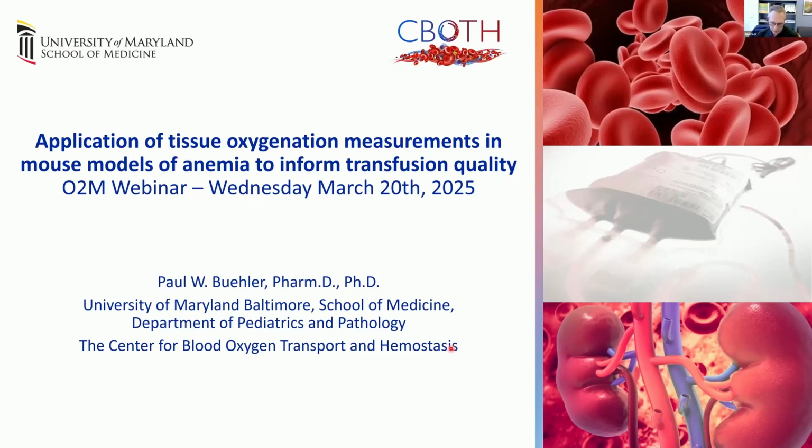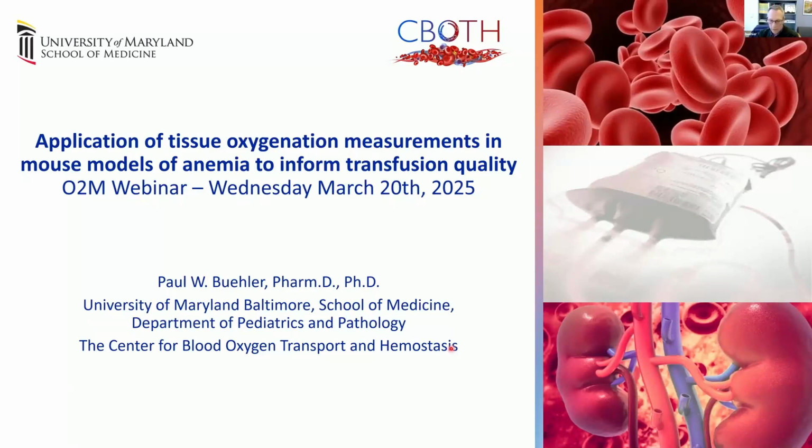Basically, I'm going to give some background on red blood cell physiology, how red cells are stored, how they're transfused, why they're transfused, and some of that is a little bit difficult to understand and really doesn't make a whole lot of sense, but we'll go through this.